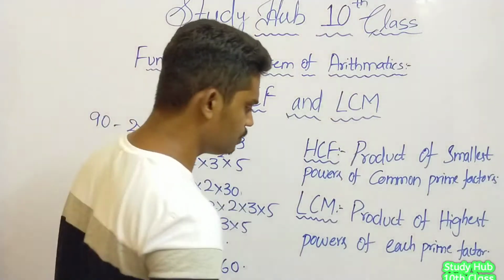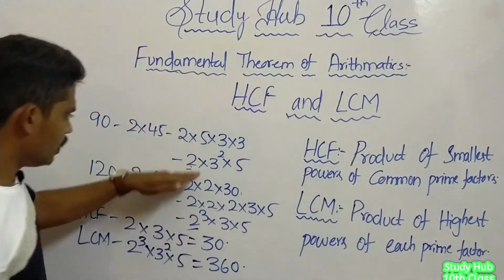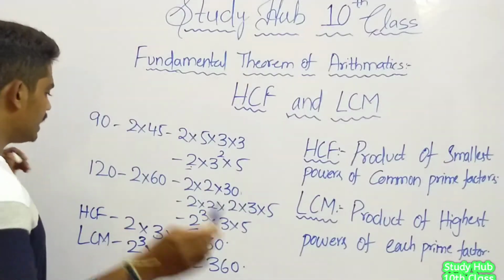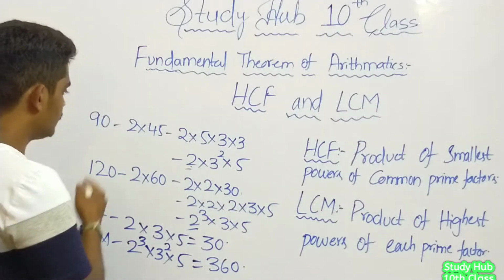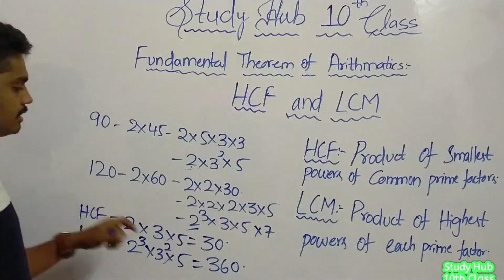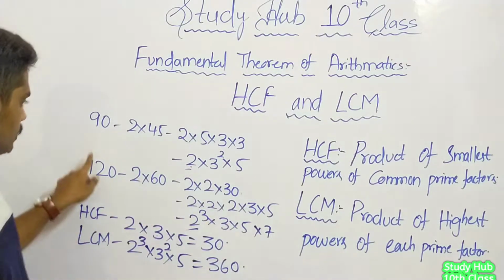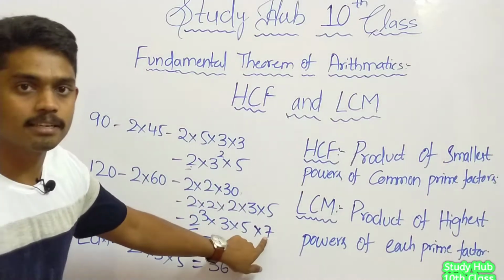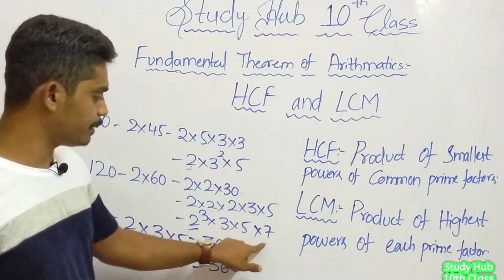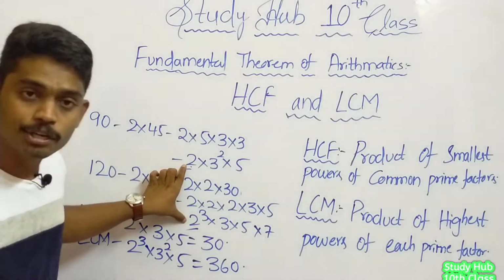I think you still have some confusion. Like here we have all the similar. For example, friends, let us take here we have 7. Consider we have one more 7 here. It is not there in this example, but let us consider that there is one more 7 in this prime factorization. Now for HCF, we will take 2 because 2 is common.